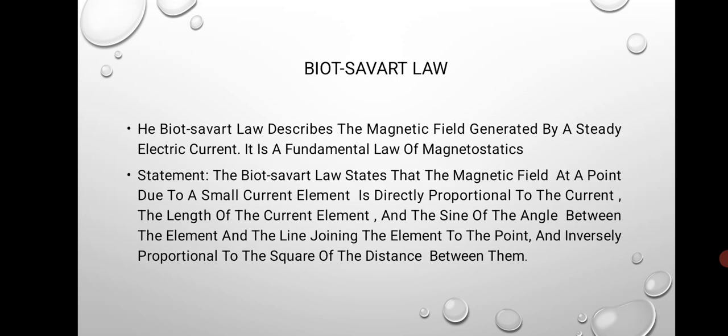So our next point is Biot-Savart's law. This is a very important law.